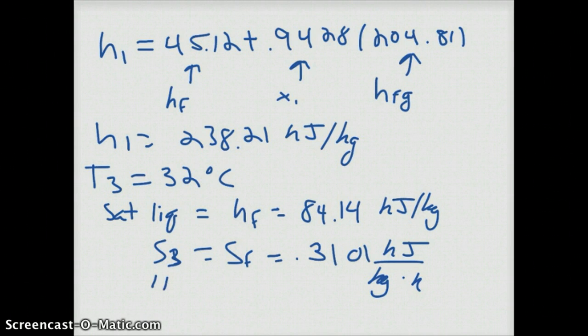Knowing this, we know that our S3 is equal to S4. So we're going to do the same process we did for state 1 to find our values for state 4, which is going to be using our quality.